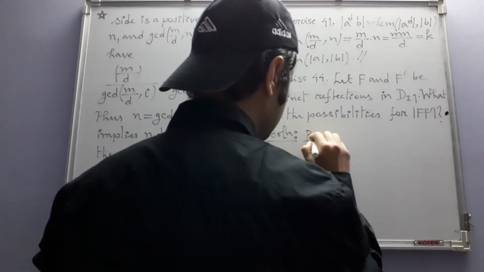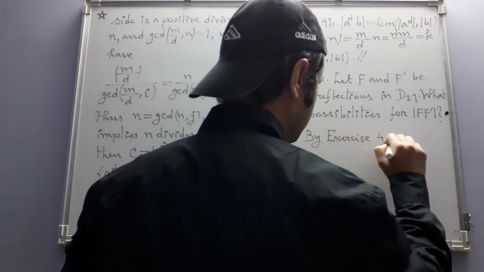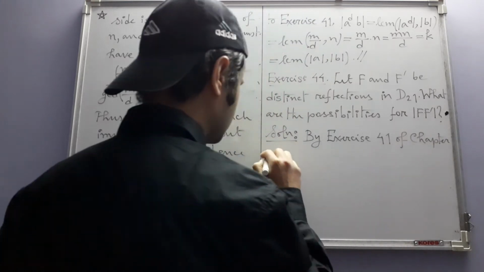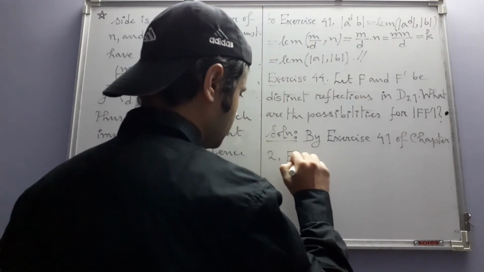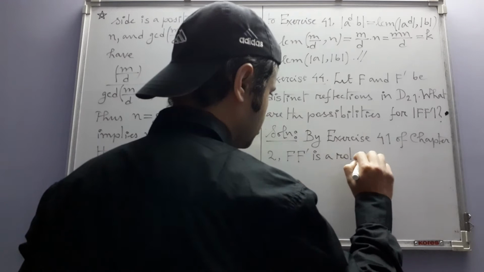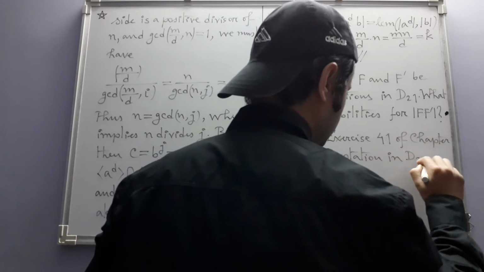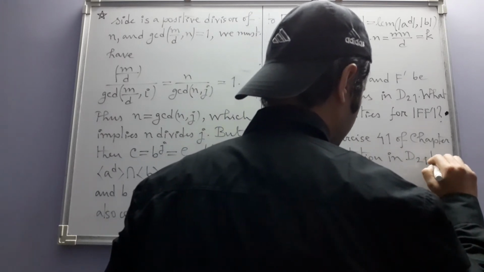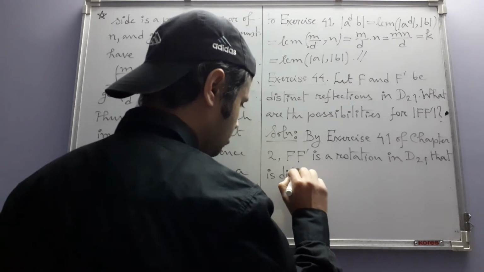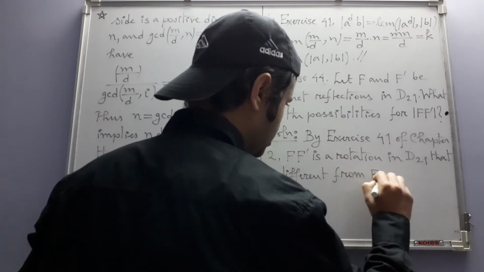By exercise 41 of chapter 2, f f prime is a rotation in D21 that is different from the identity rotation.